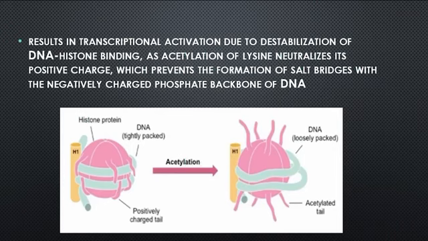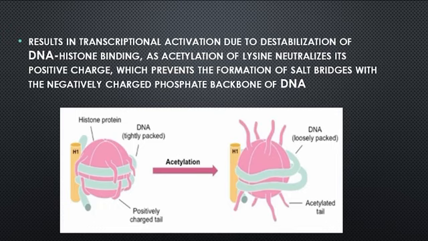Acetylation results in transcriptional activation due to destabilization of DNA-histone binding, as acetylation of lysine in histone protein neutralizes its positive charge, which prevents the formation of salt bridges with the negatively charged phosphate backbone of DNA.